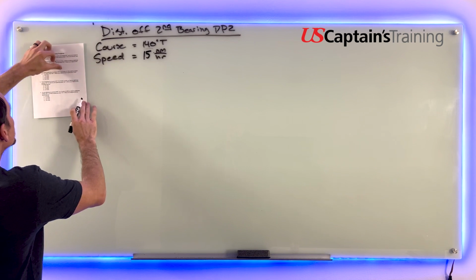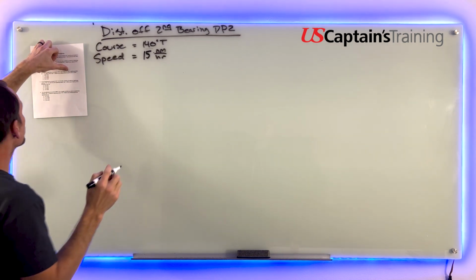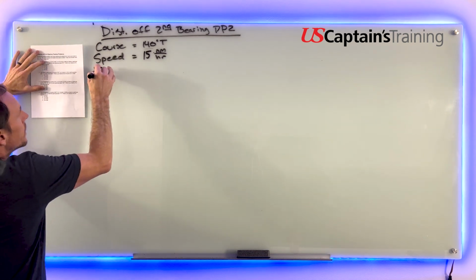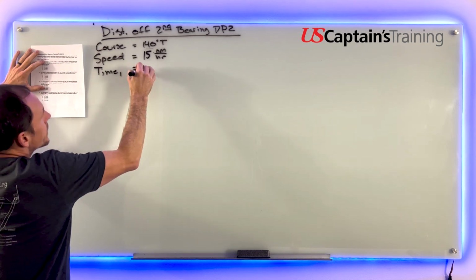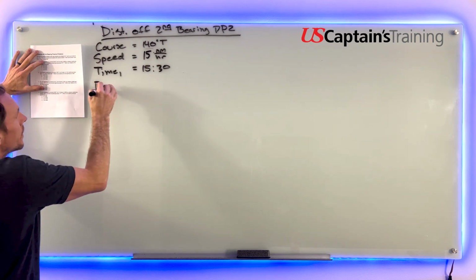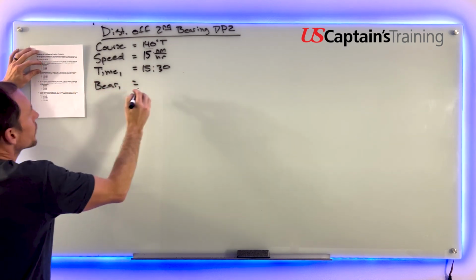And it continues. At 1530, a lighthouse bears 200 degrees. So it gives us our first time and our first bearing. Time 1 equals 1530, 15 hours and 30 minutes. Bearing 1 equals 200 degrees true.